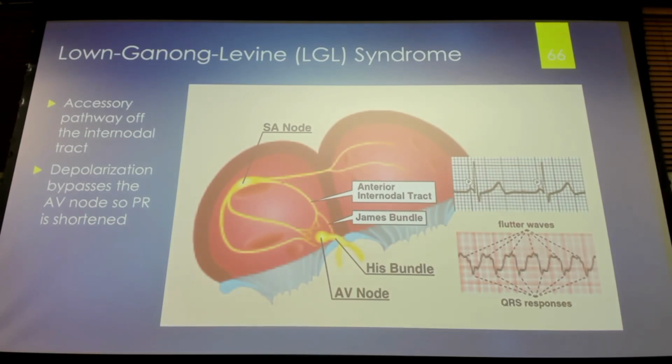So here we come down here, and this bundle of James comes off the internodal pathways, has its own accessory pathway that bypasses the AV node. So we no longer have the protection of the AV node. Again, if the atria are firing at 200 or 300, then this is when this comes into effect to be significant. Okay, now, every one of those can get down to the ventricles. We don't have the AV node that's our blocking.